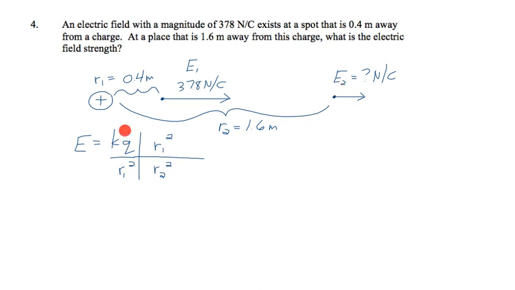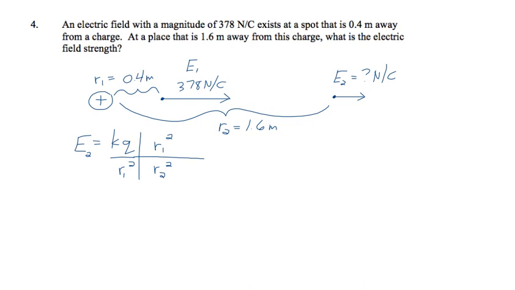And I actually know what this is. So all I have to do is take the value 378 and multiply it by this fraction, and I'll get the value at 2. Let me put an E2 in here, because that's now what equals E2.